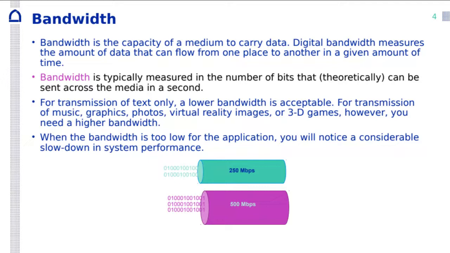For transmission of text only, a lower bandwidth is okay. But if you are transmitting graphics, virtual reality images, 3D games, then you need higher bandwidth. When the bandwidth is too low for the application, you will notice delay. System is slow because the bandwidth is slow.